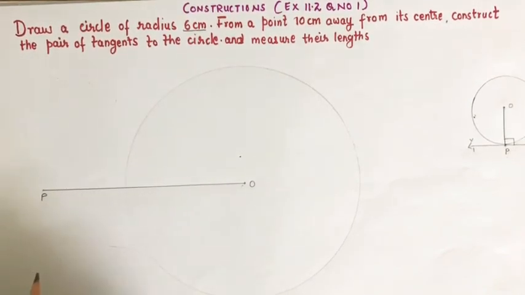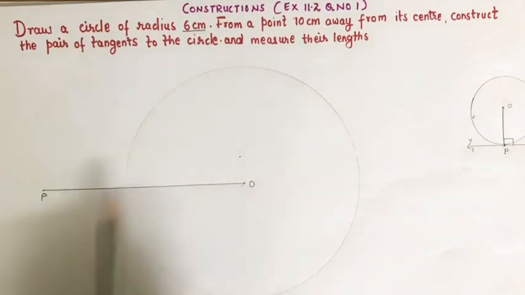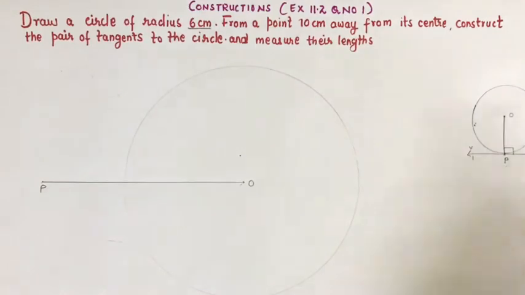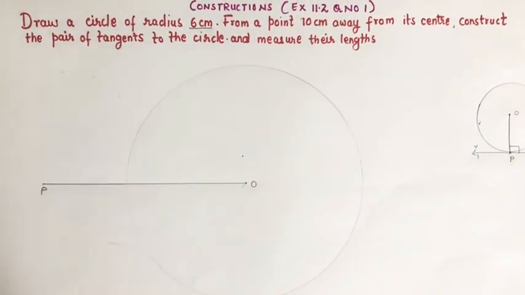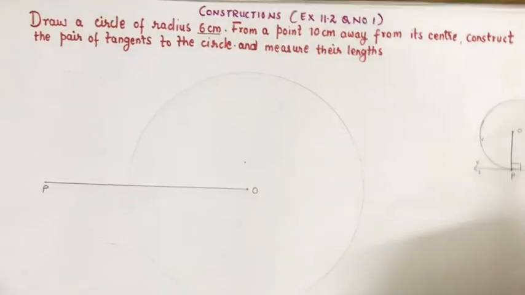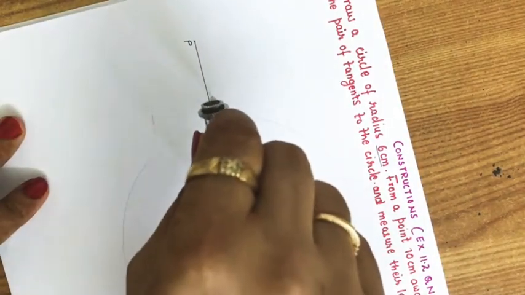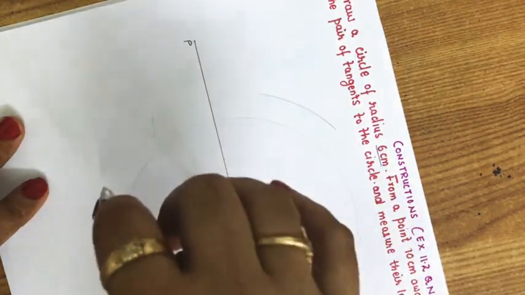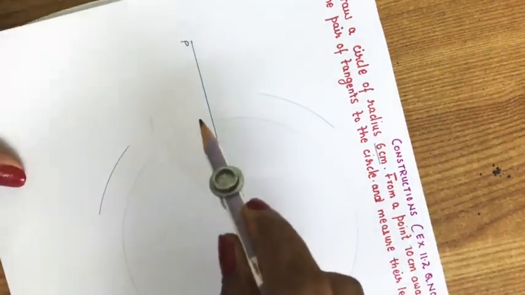So how shall we proceed? The first step for that is, you need to bisect this line OP. Do you remember how you draw the bisector? To bisect a line, take a radius more than half, and make an arc on both sides. I think now you remember how you draw the perpendicular bisector of a line.